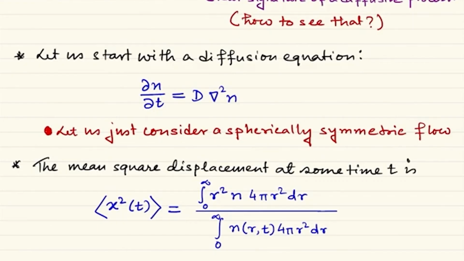Now let us consider a spherically symmetric flow, and then the mean square displacement should simply be given by the integration from 0 to infinity of r square n 4 pi r square dr, divided by the integration from 0 to infinity of n times 4 pi r square dr. This is the whole number of the particles, so it is used to normalize. The r square gives me finally the mean square displacement. So this is a second order moment in some sense for the displacements.